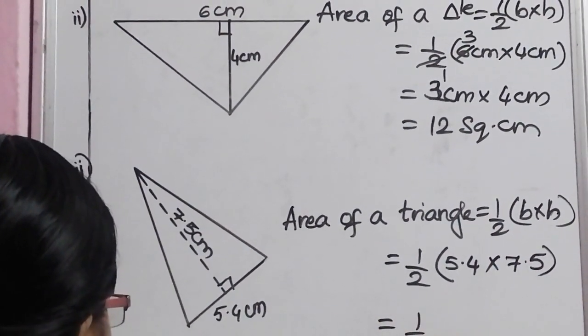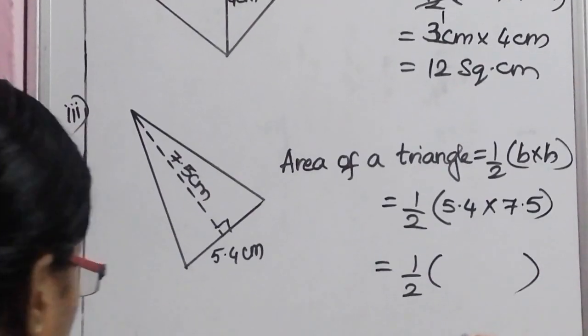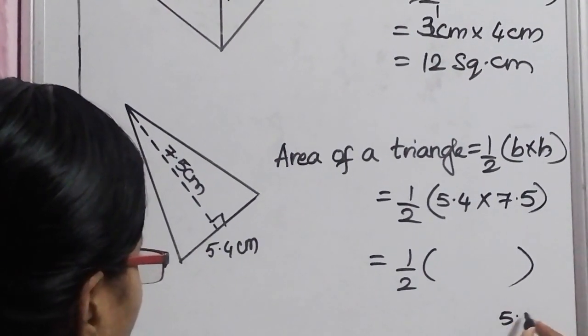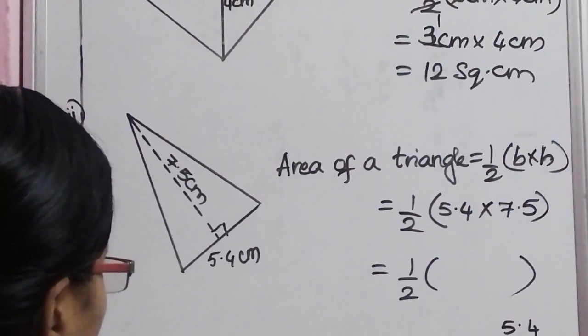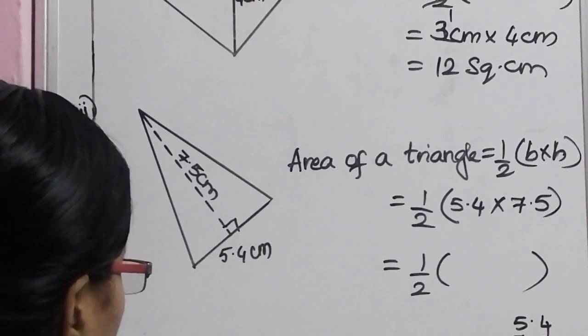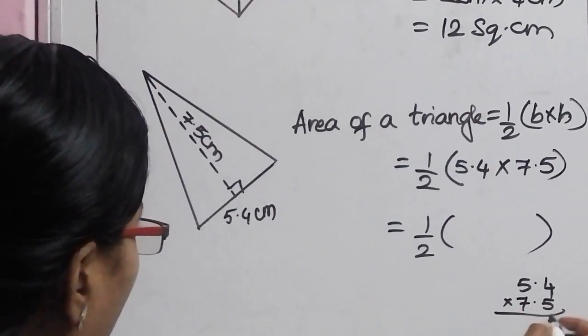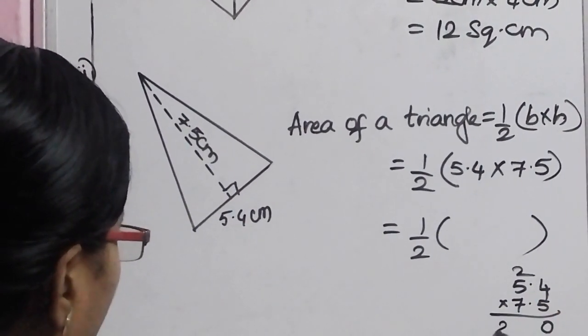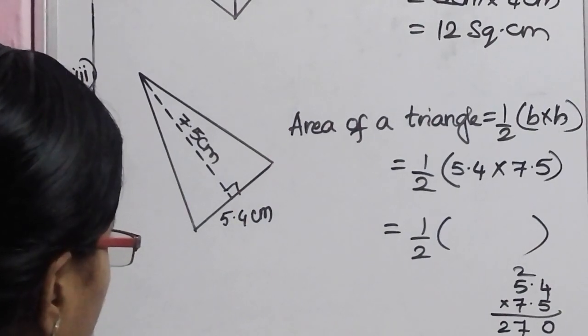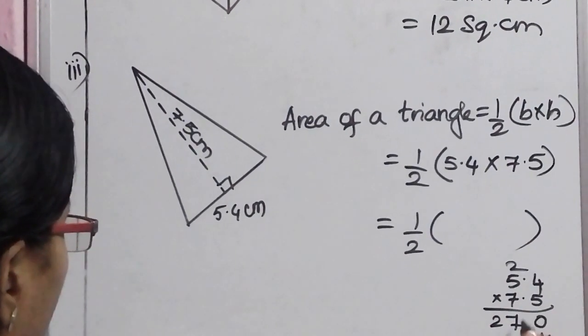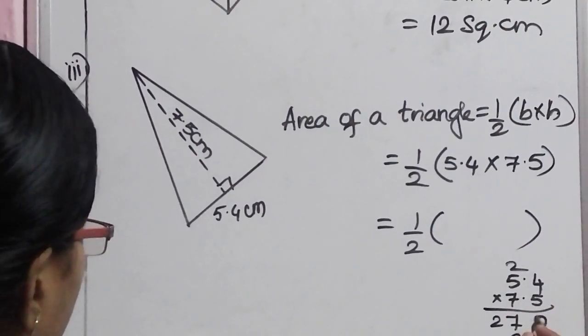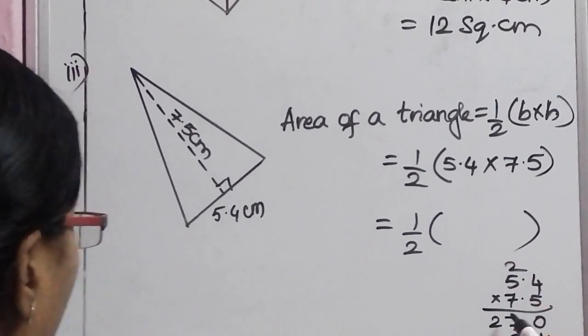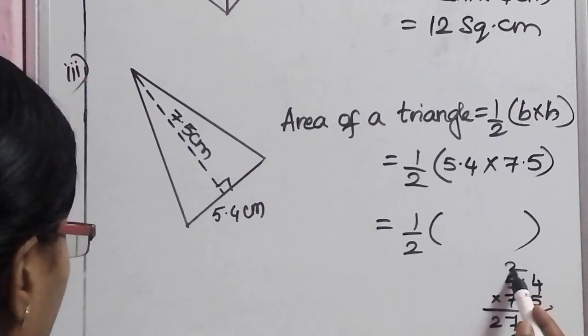Okay, so let's multiply these two things and write the value. So in the rough column, 5.4 into 7.5. 4 5s are 20. 5 5s are 25, 26, 27. Next, cancel the last units place. 7 4s are 28. 2 is there. 7 5s are 35. 35, 36, 37.